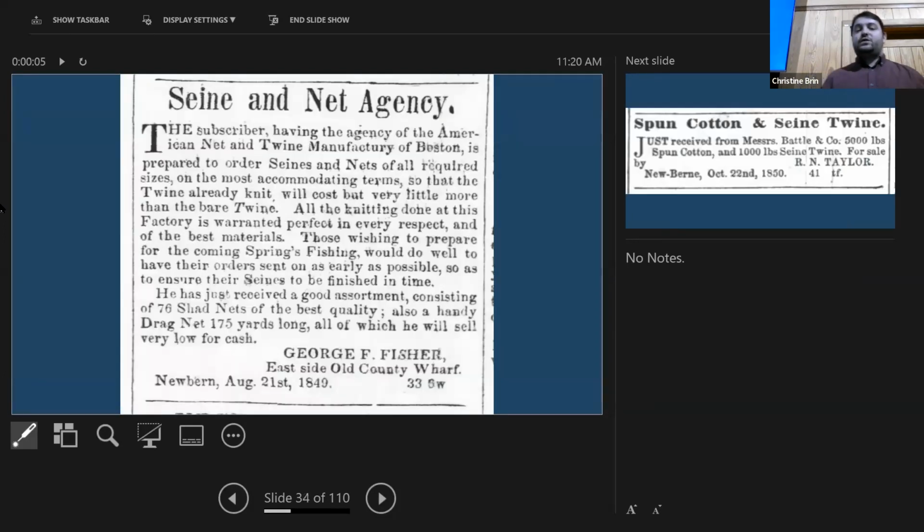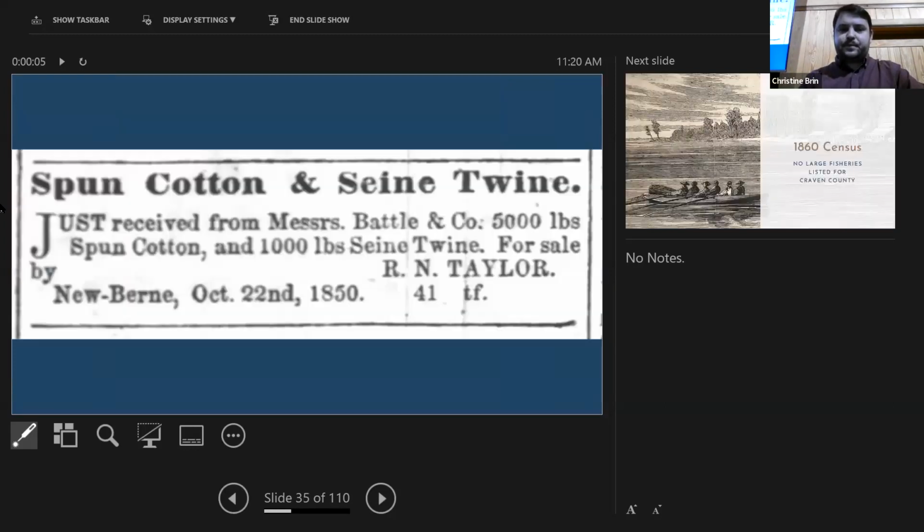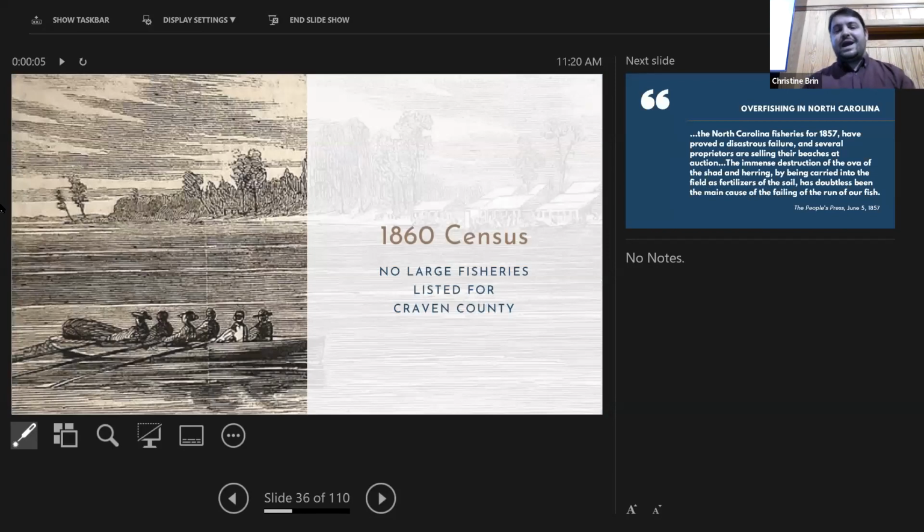And then you've got George Fisher, who also winds up owning a fishery. He winds up being a representative for a Boston-based company that is selling fishing gear to people in the area. Aaron Taylor, he's also a merchant out of New Bern selling to these fishermen. So there's a big business that's arisen.